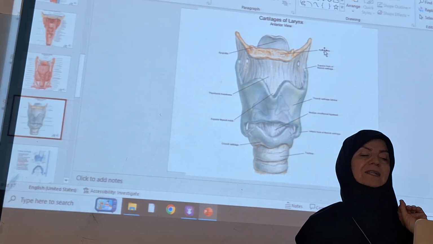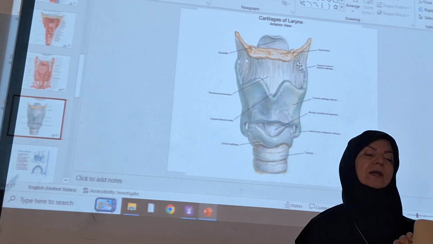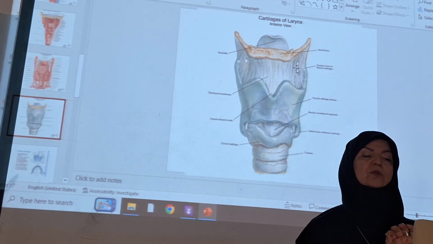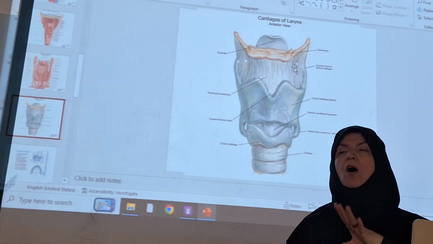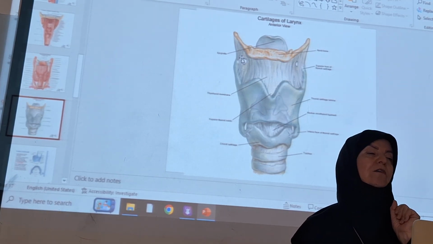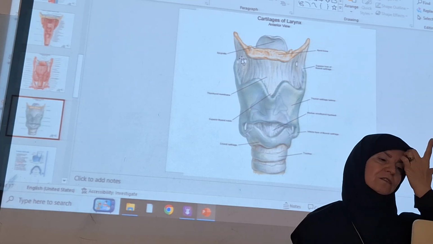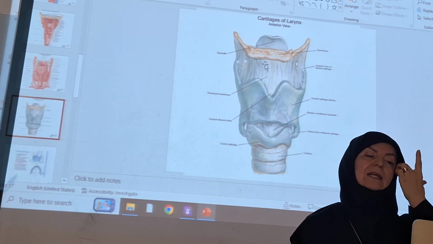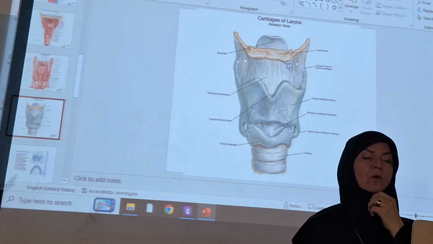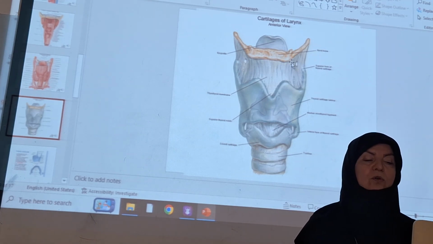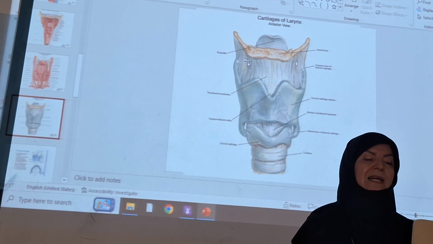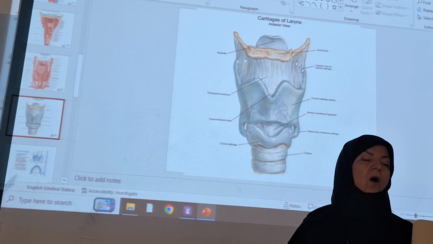I asked the students which of the following nerves is passing through this foramen, or which of the following arteries is passing through this foramen. So this foramen is visible on each side of the thyrohyoid membrane, and it is important that you know which structures are passing. Later, I am going to introduce to you these arteries and these nerves that are passing through this foramen.